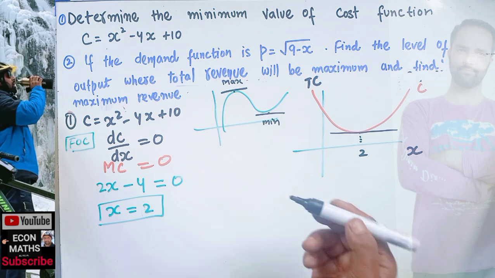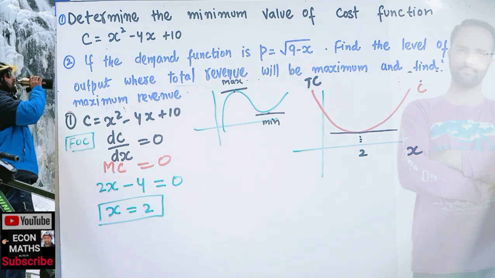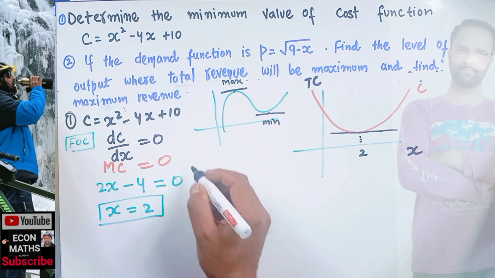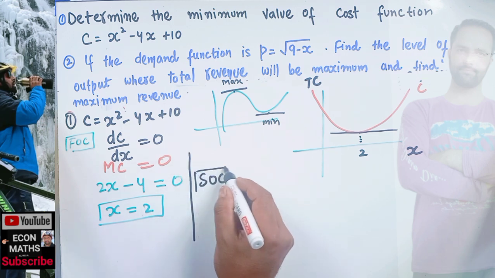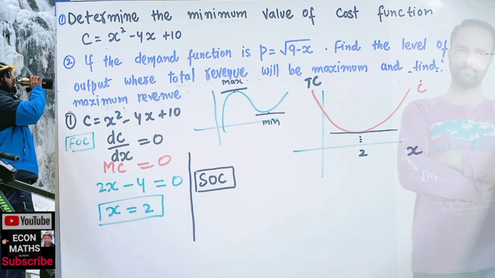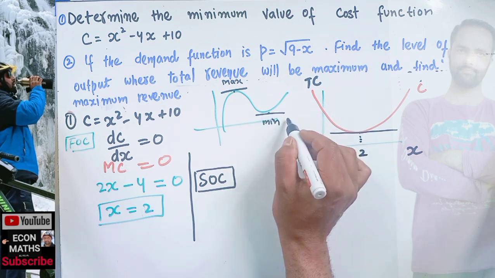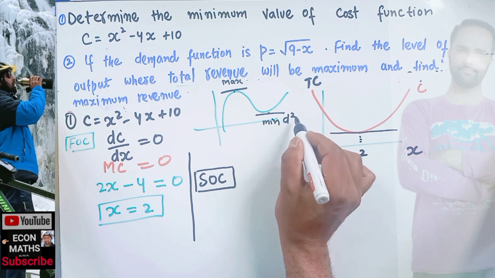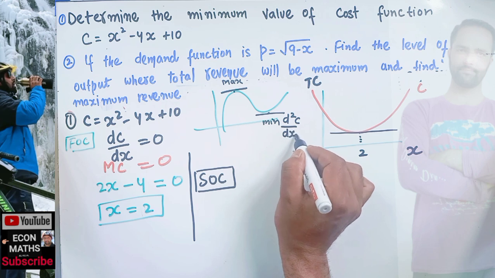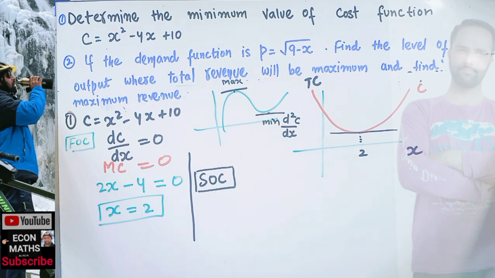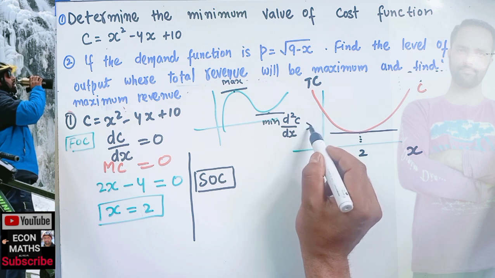The first order condition was applied to find where the slope equals 0. Now the second order condition tells us whether we are at a minimum or maximum. If we are at a minimum, then the second order derivative, d²C/dx², evaluated at the critical point, should be greater than 0.